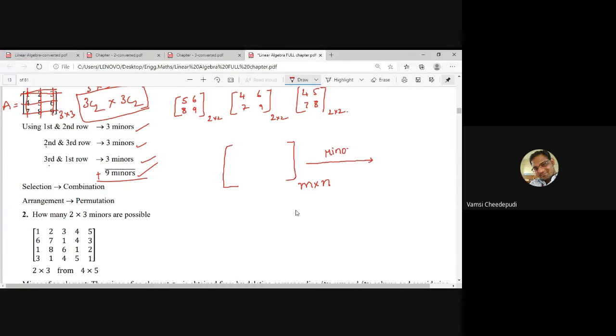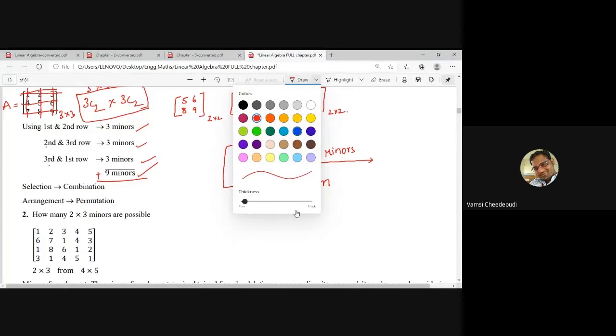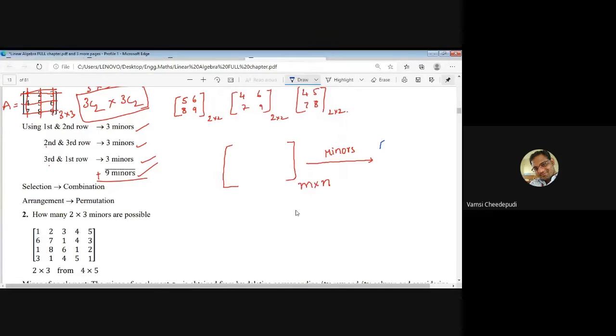if you want to construct the minors of order p by q, and I hope you know this p is less than or equal to m and this q is less than or equal to n.